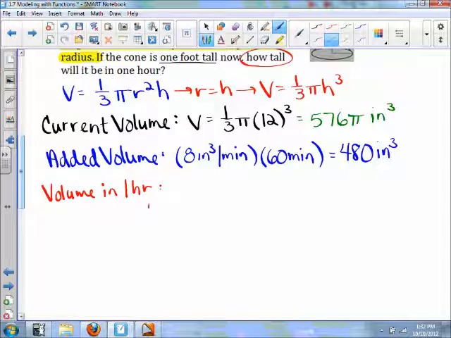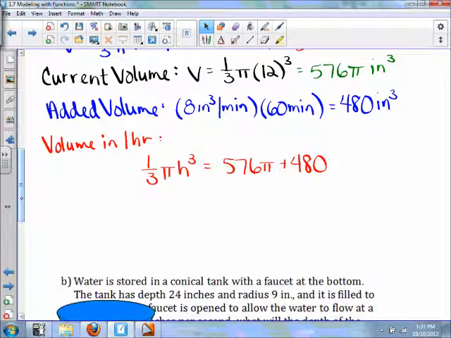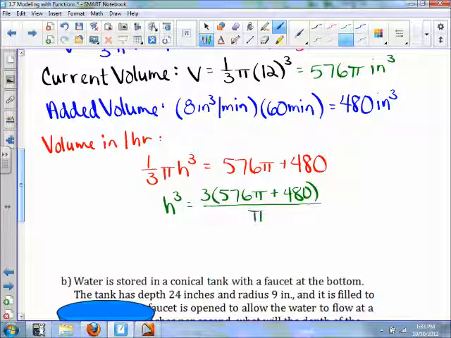Which will be 1/3 pi h cubed is equal to 576 pi plus 480. Now we had to do it this way so we can introduce h back into the equation. In order to solve for h cubed, we have to get rid of the 1/3, so we're going to multiply both sides by 3. Then divide by pi.